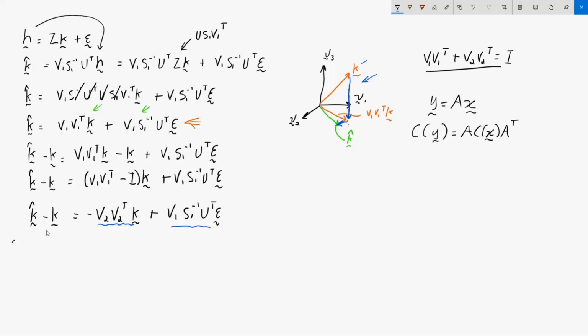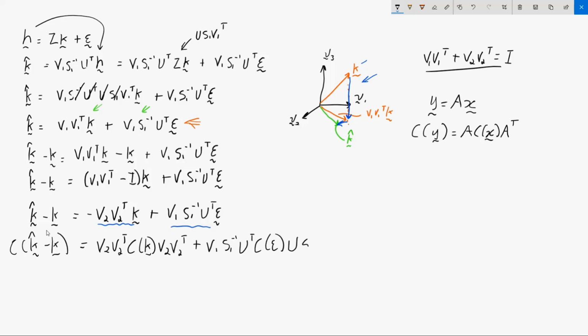So, taking that down here, the covariance matrix of parameter error equals V2 V2 t C k V2 V2 t plus V1 S1 negative 1 U t C epsilon U S1 negative 1 V1 t.